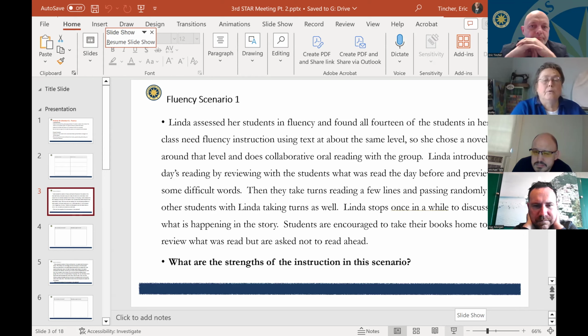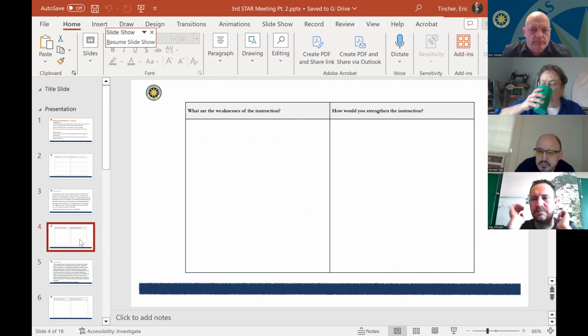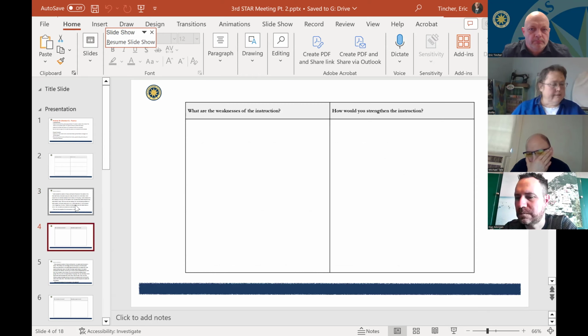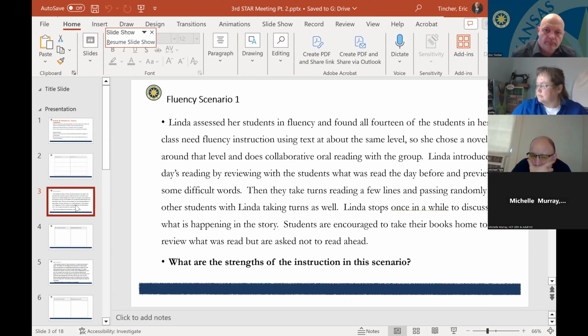Okay, so on the next page, what are the strengths that you think that Linda did in her fluency instruction? What are some of her strengths? We assessed everybody, so that's good. Yeah.